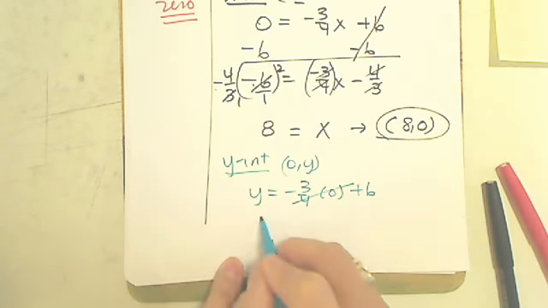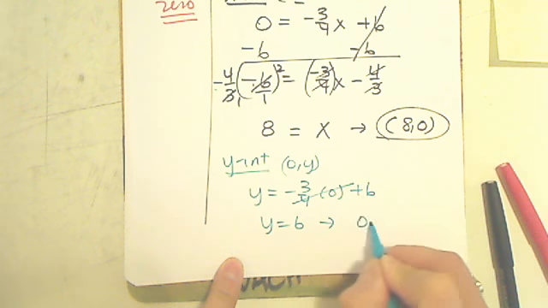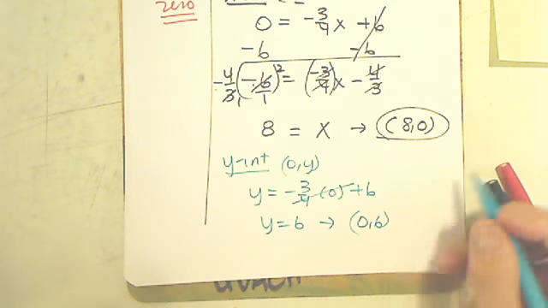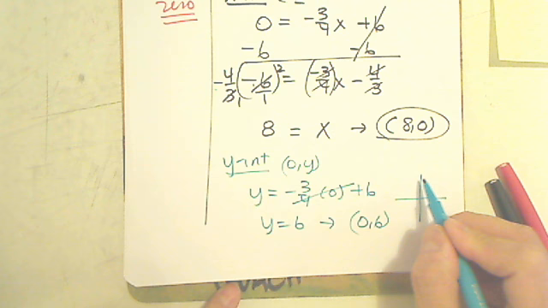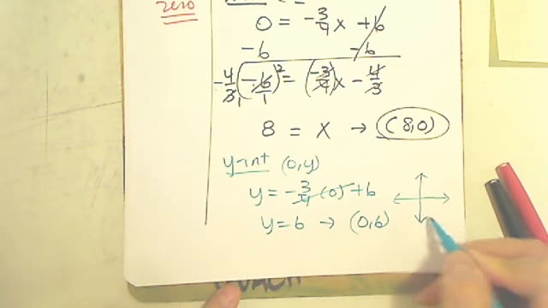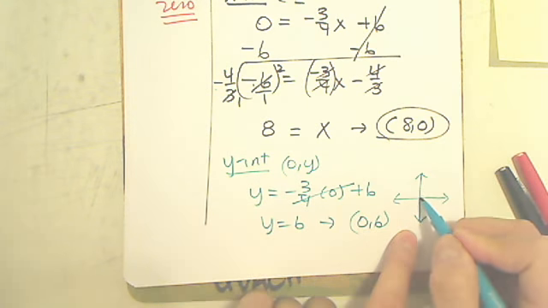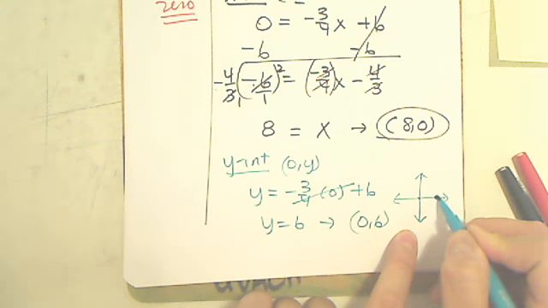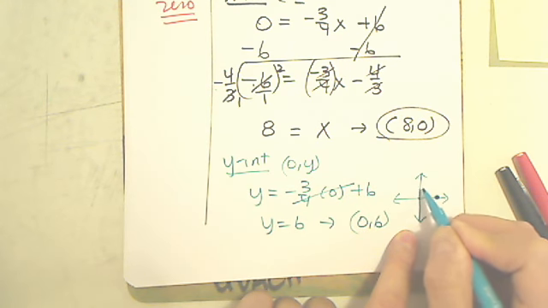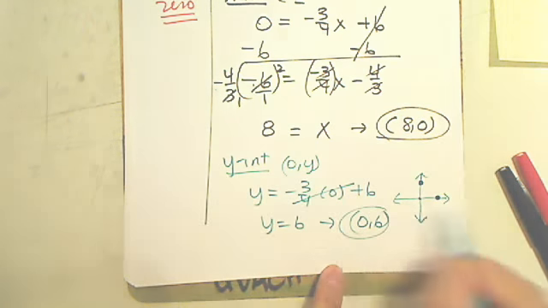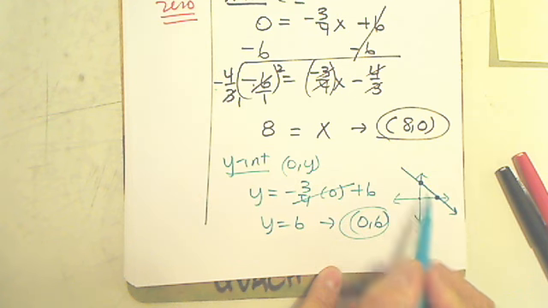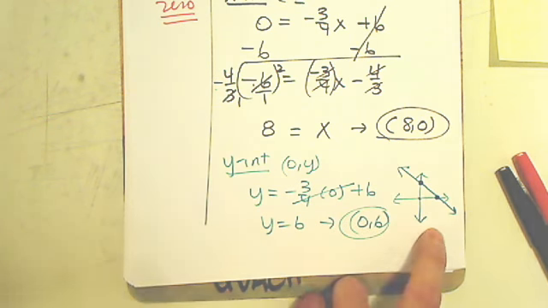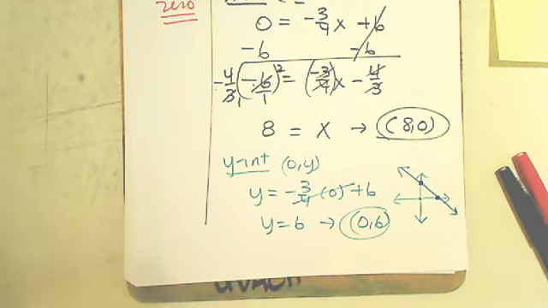So y is 6, therefore it's 0, 6. So if you were to do a really quick sketch, where does it cross? What kind of slope is it? 8, 0 is right here. 0, positive 6 is right here. It goes down to the ground, negative slope.